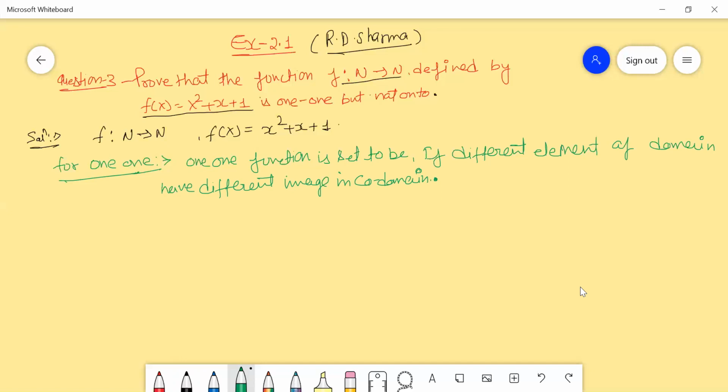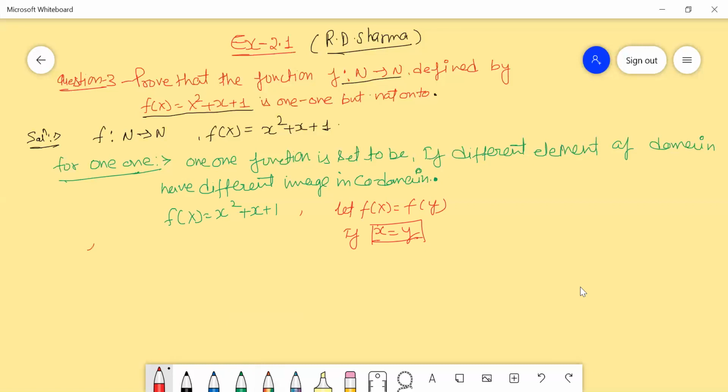The given function is f(x) = x square plus x plus 1. Suppose f(x) is equal to f(y). If we get x equal to y, then our function is one-one.